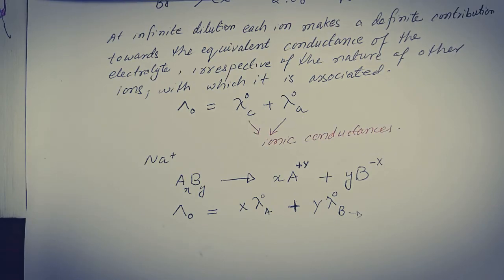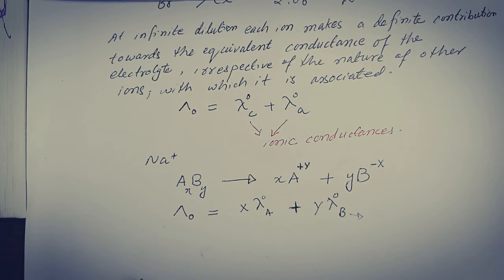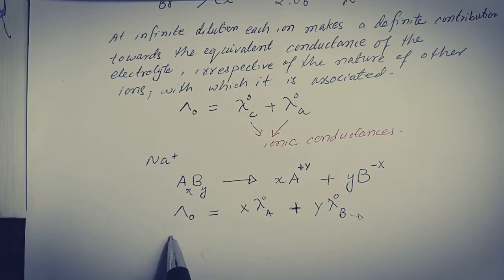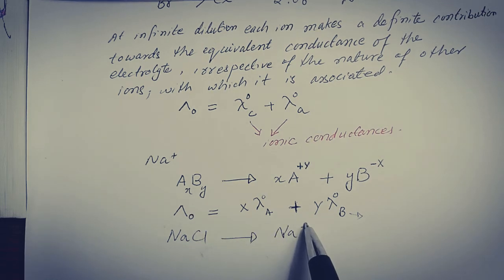So let's write the equivalent conductance at infinite dilution for the case of sodium chloride. For sodium chloride we have monovalent species, sodium ion and chloride ion.